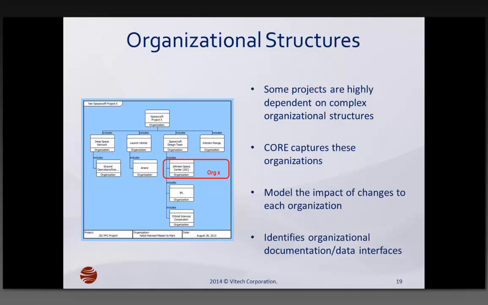It allows you to show, when there are changes to your system design on a complex, a joint venture or some sort of complex organization, what the impact of those design changes will be on the organizational structures. You can also capture work breakdown structures.